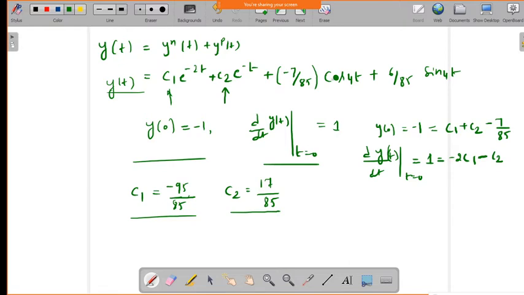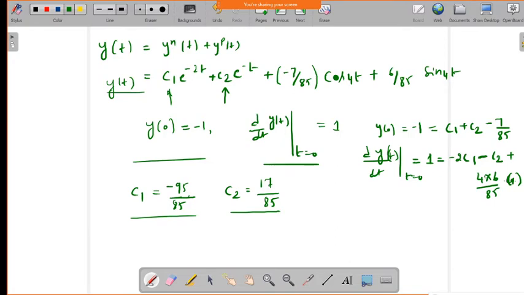If you differentiate it, the sine term will get cancelled and this will get a cos term, which is 4 into 6 by 85 into cos 4t. So that will become 1. So this is the second equation.